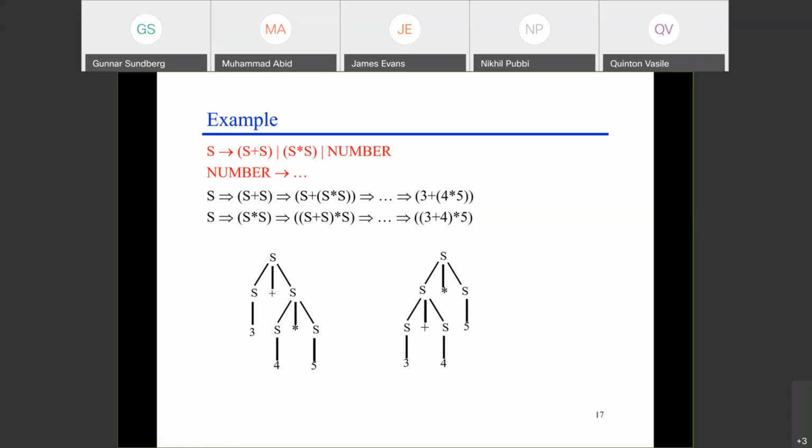This is another example. It has one, two, three, four production rules. It has three start production rules. It has S and number as non-terminals. It has parentheses, plus sign, close parentheses, star sign, and all the numbers.